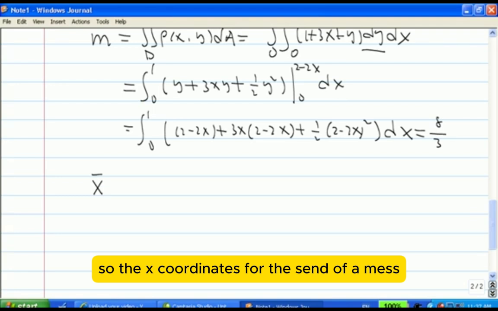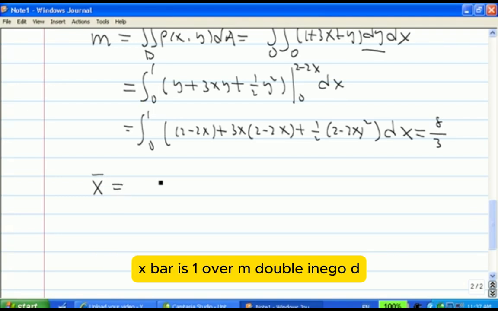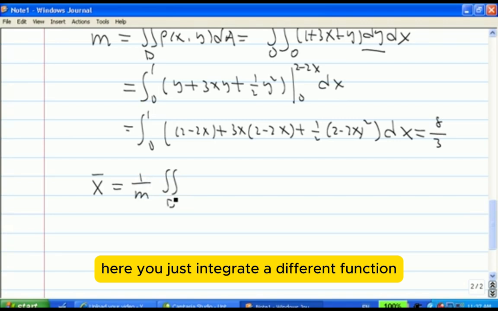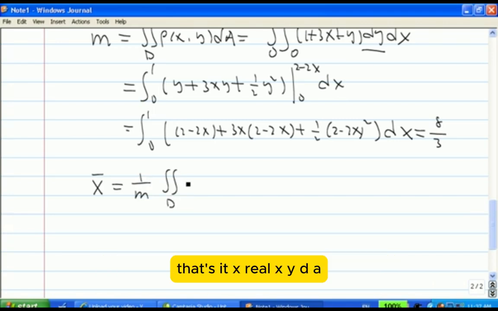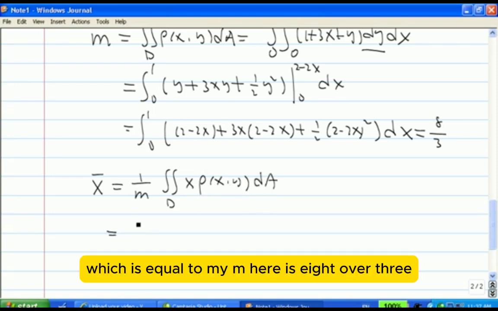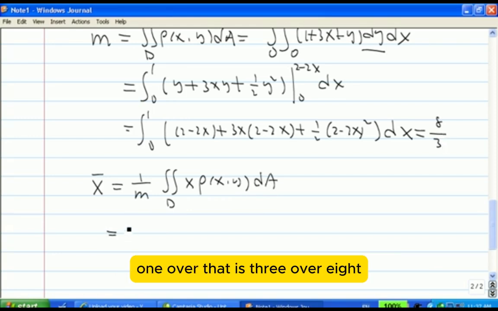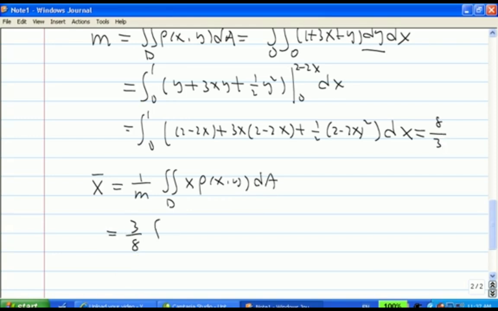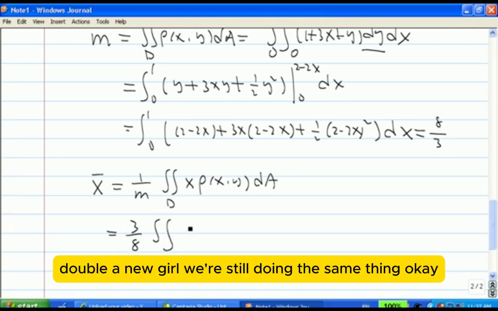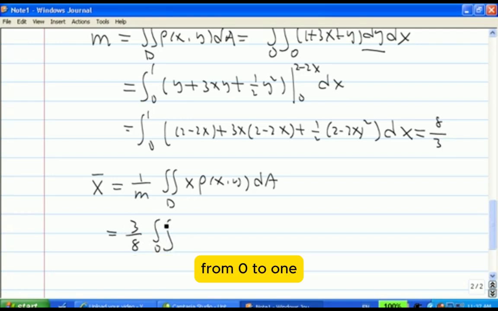Now let's find the center of the mass. The x-coordinate, x bar, is 1 over m times the double integral of x rho of x y dA. My m here is 8 over 3, so 1 over that is 3 over 8.